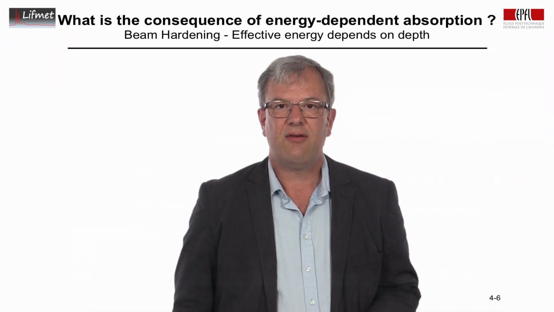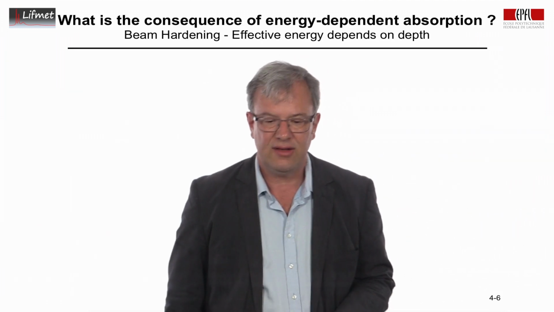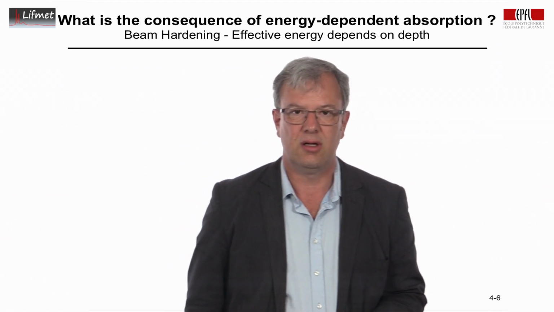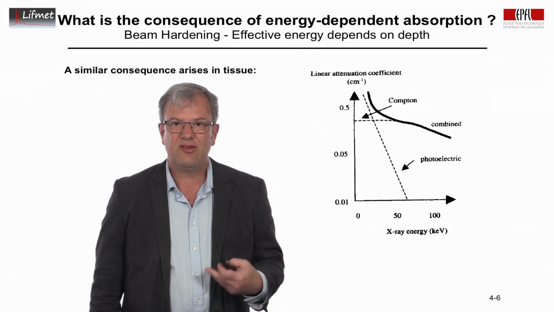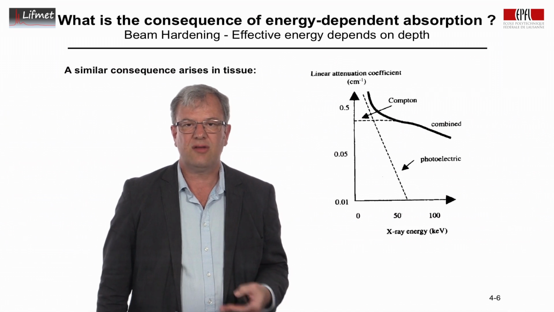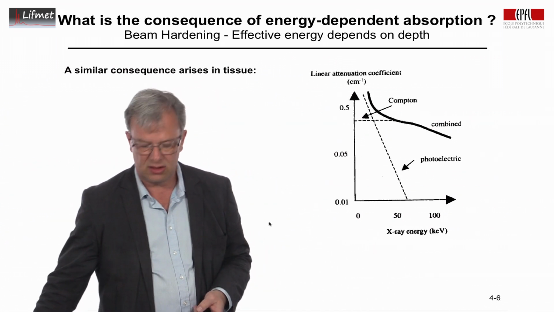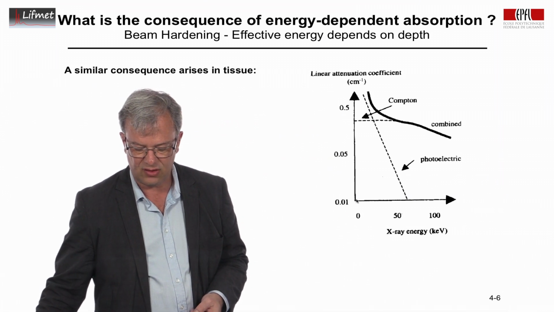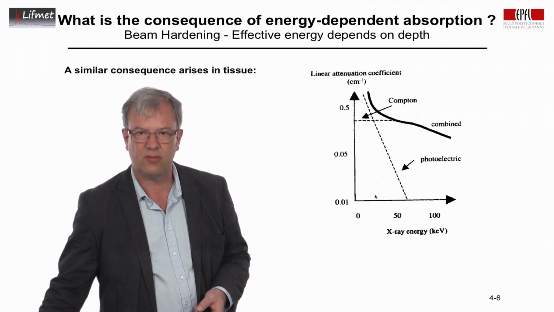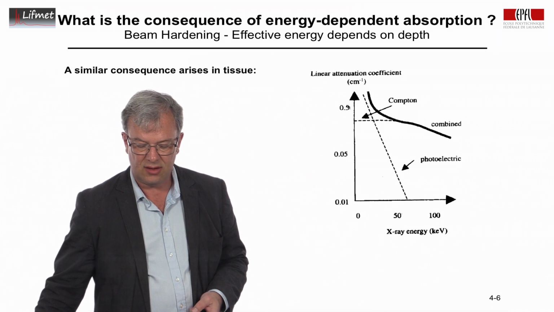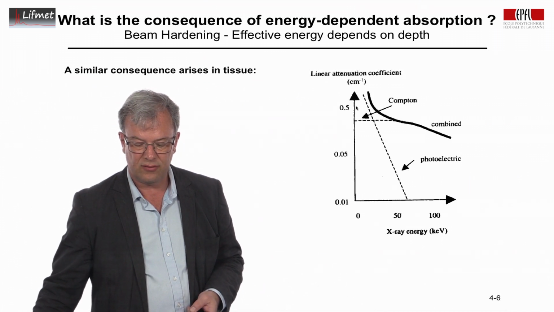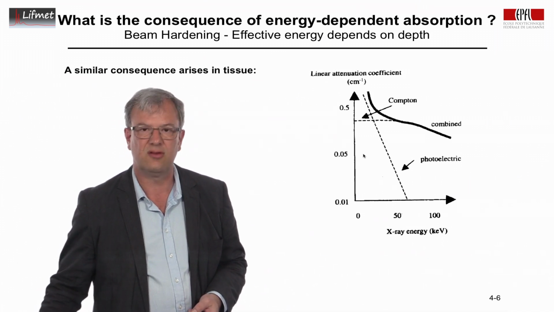So what is the consequence of energy-dependent absorption? We have a similar consequence to what we just discussed with the instrument, but in the tissue. Let's look at the linear attenuation coefficient here. We have the X-ray energy from 0 to 100 kiloelectron volt on the x-axis, and a logarithmic scale of the linear attenuation coefficient on the y-axis.